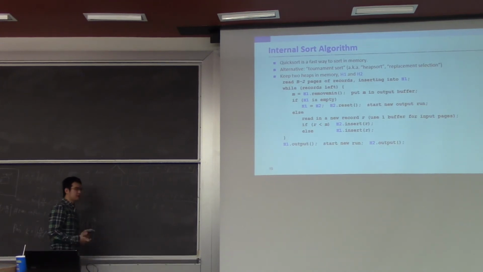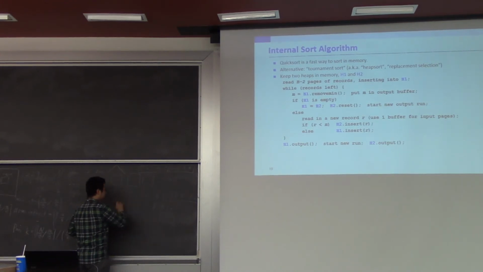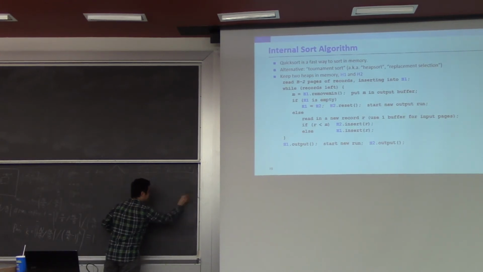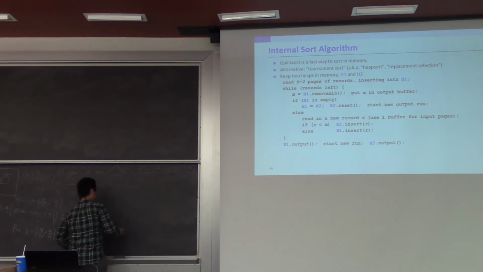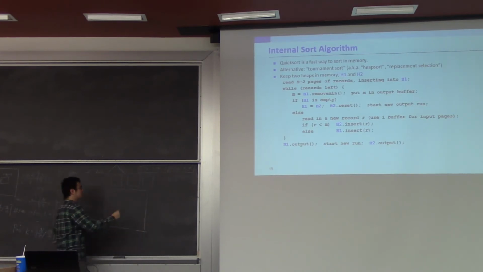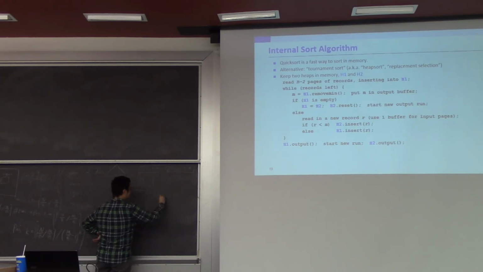I think that's the intuition behind this algorithm. But how can I do this very efficiently? This is how I'm going to do it. I have a memory, right? And as I mentioned before, we are going to use a min heap here.